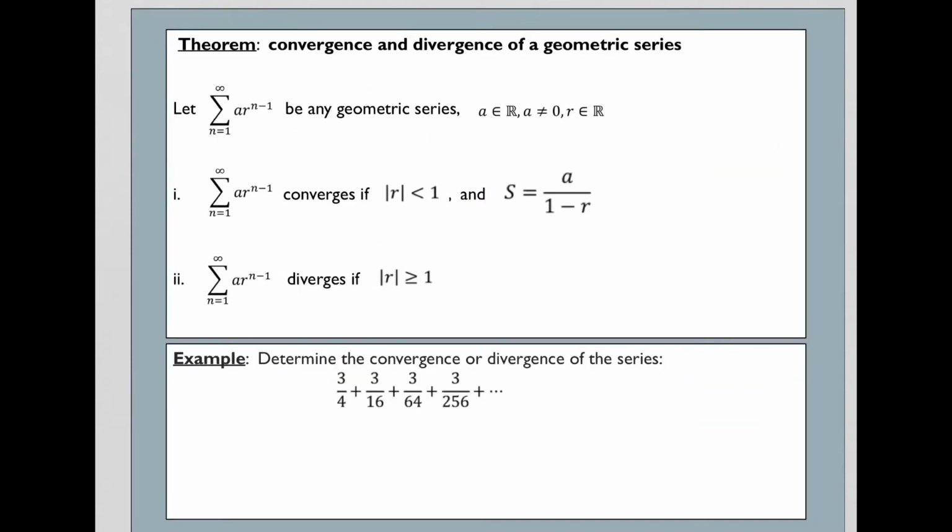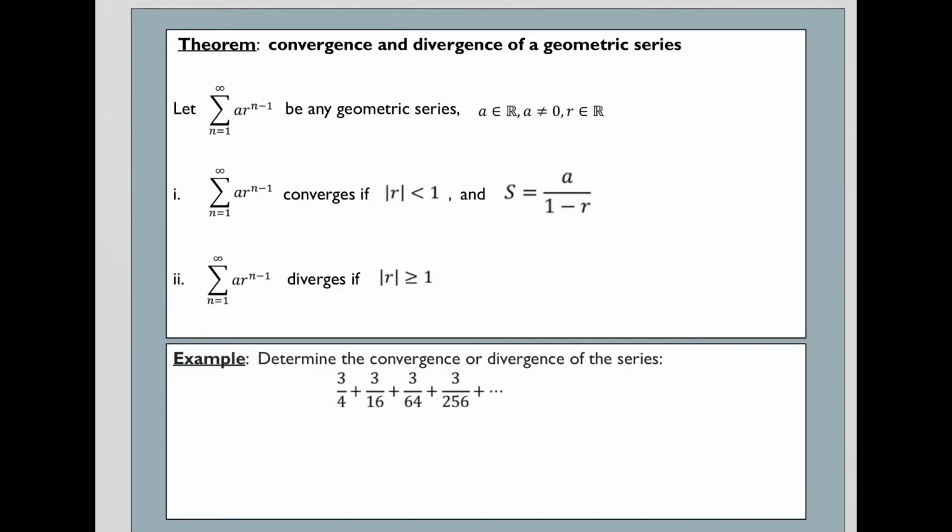So let's summarize everything we've done so far, and we'll summarize that into the theorem about convergence and divergence of a geometric series. Specifically, let's take any geometric series where a and r are real numbers, a is not equal to 0. Then that infinite geometric series will converge if the absolute value of r is less than 1.